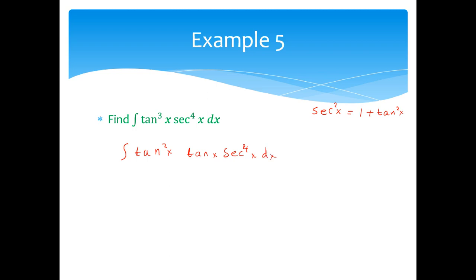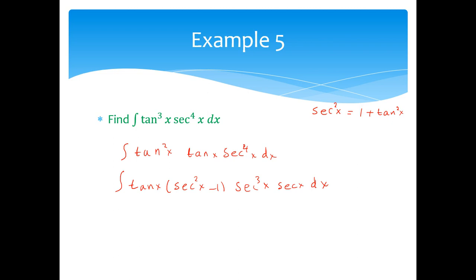So if we use the identity, then it's going to be the integral of tangent x, and when we do this, it is going to be equal to secant squared x minus 1 times secant cubed x secant x dx.